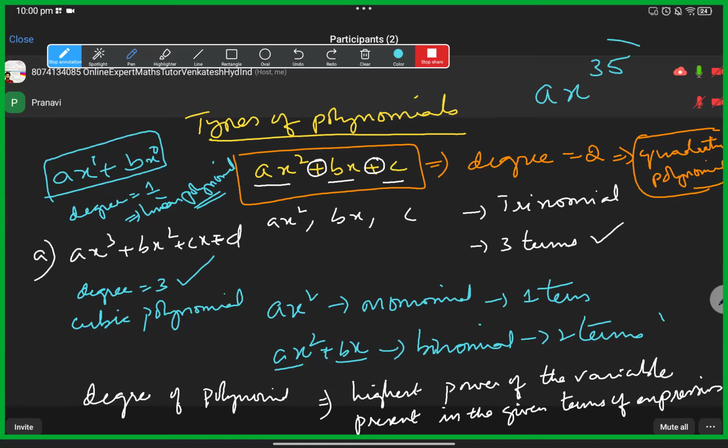This is a monomial only, but the degree is 35. Okay, Pranavi? Yes, sir. Simply what I'm trying to tell is that the degree and the type of polynomial are nowhere related. If you write a monomial, you can write whatever power you want, even degree 100, not a problem. So in that way, this is one thing for me.